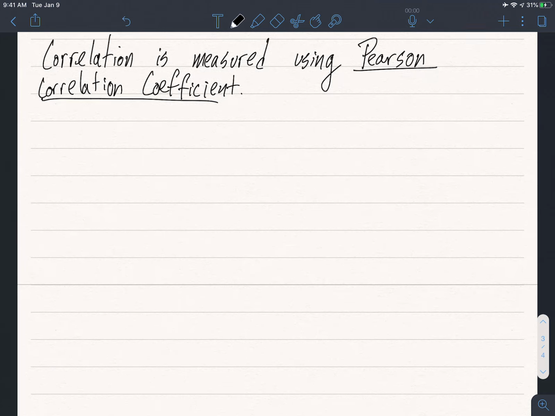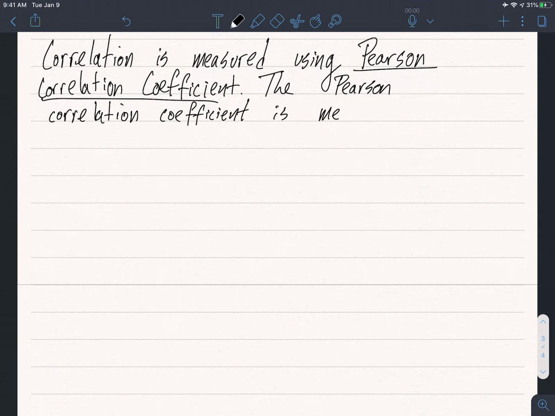So the Pearson correlation coefficient, I hate that it has such a long name, is measured on a scale from -1 to +1.